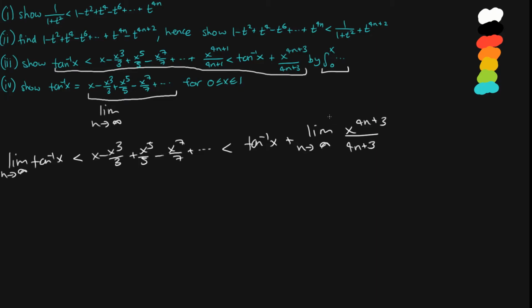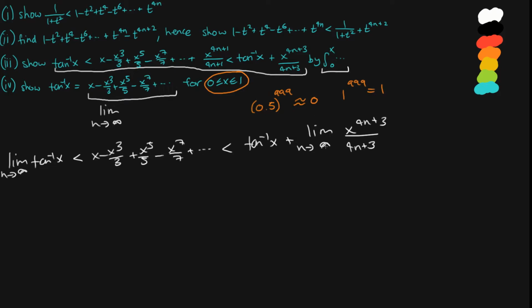Now, the question has told us a key piece of information, which is that x is between 0 and 1. If we have a number between 0 and 1, even including 1, and we raise it to a really large power, it becomes really small. And if it's 1, then it just remains as 1.